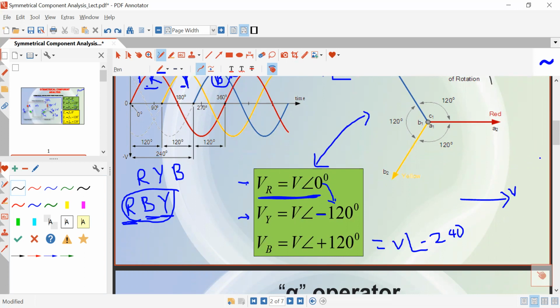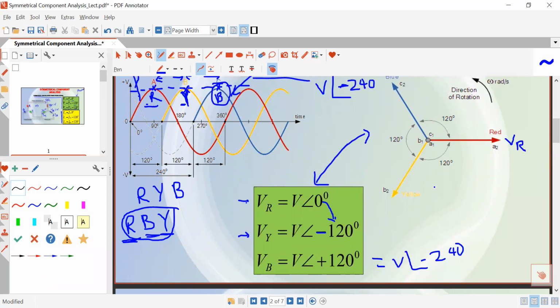I have drawn the reference vector here in the horizontal direction. This is VR. With this reference vector, I will draw the other vectors which will represent Vy and Vb.